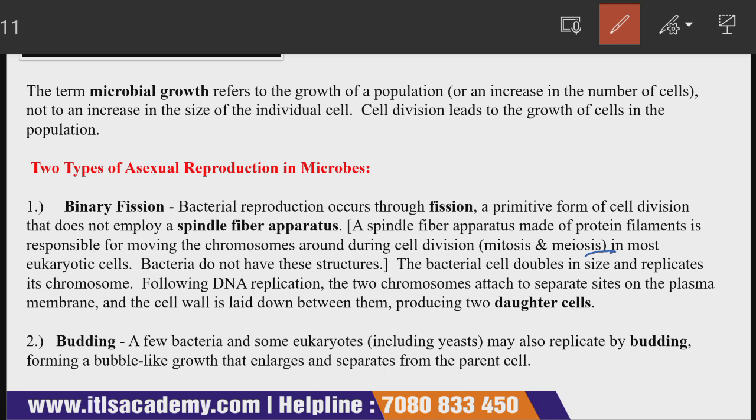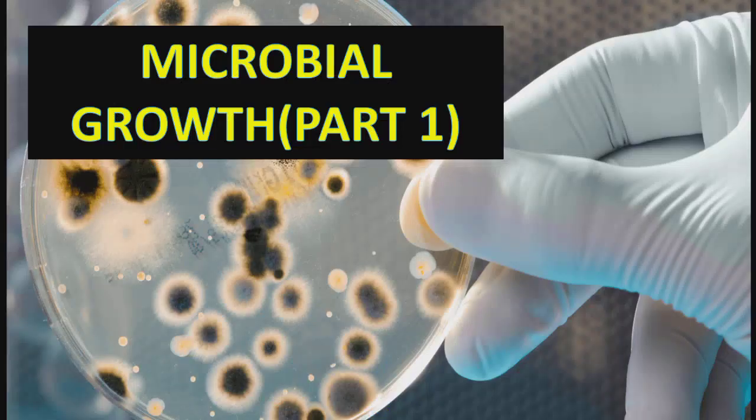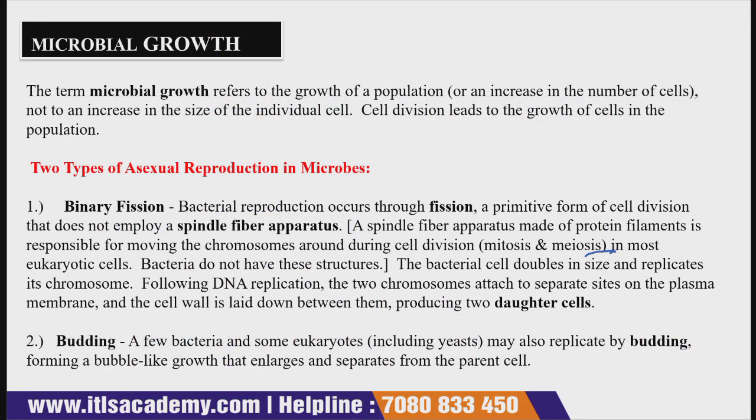A spindle fiber apparatus made of protein filaments is responsible for moving the chromosomes around during cell division, that is mitosis and meiosis, in most eukaryotic cells. Bacteria do not have these structures. The bacterial cell doubles in size and replicates its chromosome. Following DNA replication, the two chromosomes attach to separate sites on the plasma membrane and the cell wall is laid down between them, producing two daughter cells.